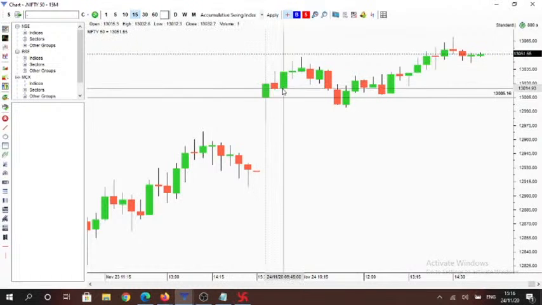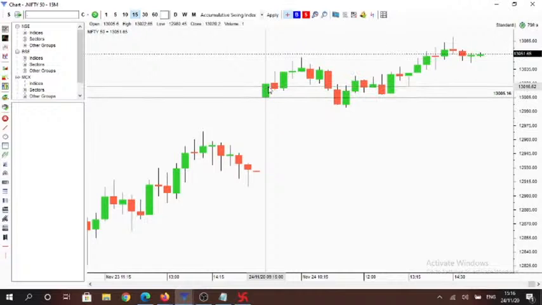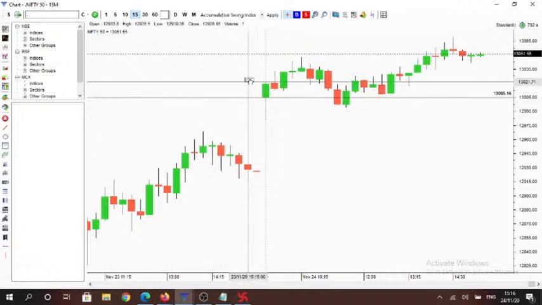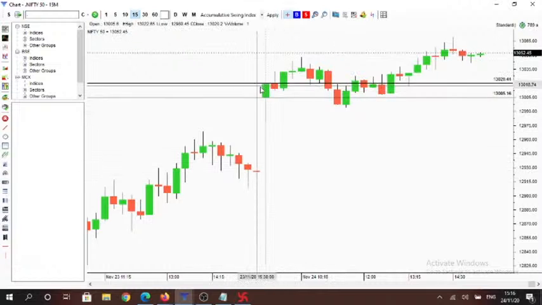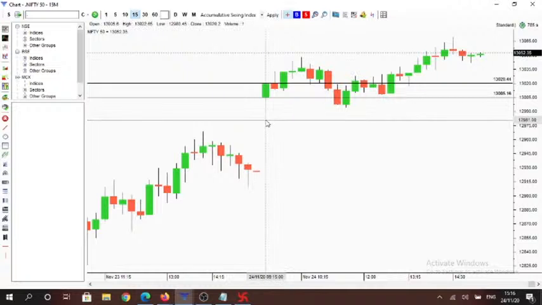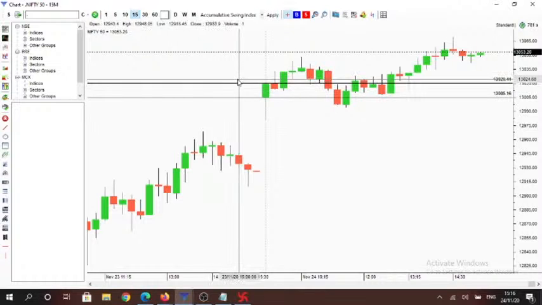If we make the trade above the first 15-minute candle high, we hold this trade till the low breaches. This is going to be our level to exit. So we'll keep on holding it.